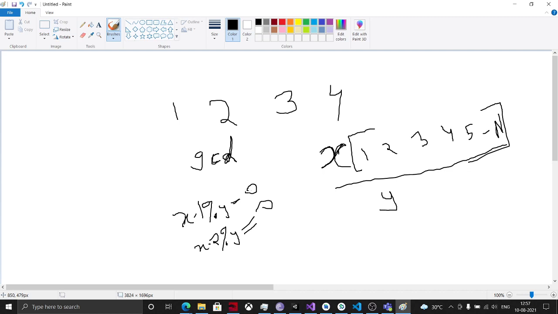Or basically, I can just take the GCD of x and y. If the greatest common divisor is y itself, then all the numbers are divisible by y because x is divisible by y. If not, whatever factors are there, we just remove them.